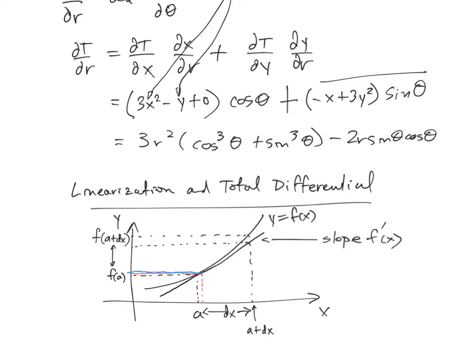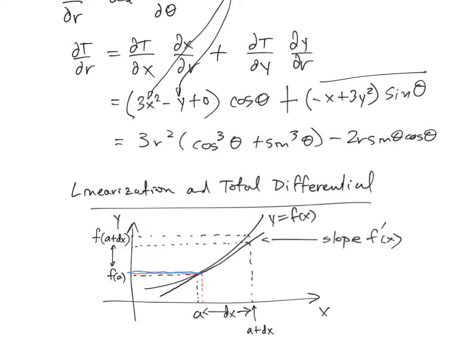So why would you ever want to do this? Well, in some situations, you might not know what the function for the curve itself is. You might not know this function, but for some reason you know its derivative. Well, if you know its derivative, you can use that derivative to estimate a change in the function for a change in one of the variables. Okay? And so in terms of total differential, well, what is the total differential? The total differential is this distance.